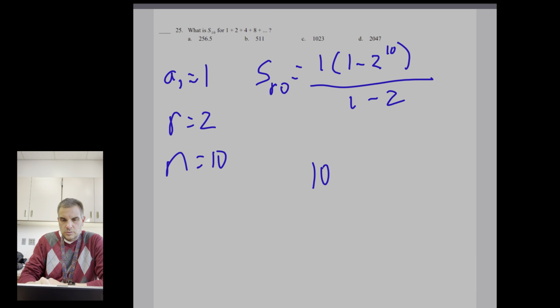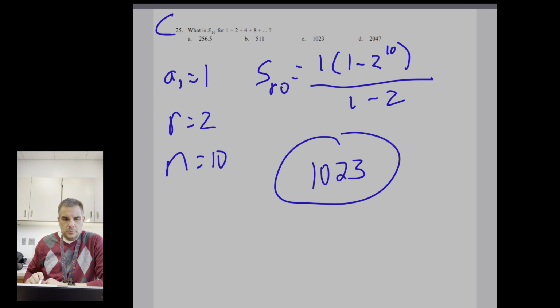So 1023, which is C. There it is. That's the review.